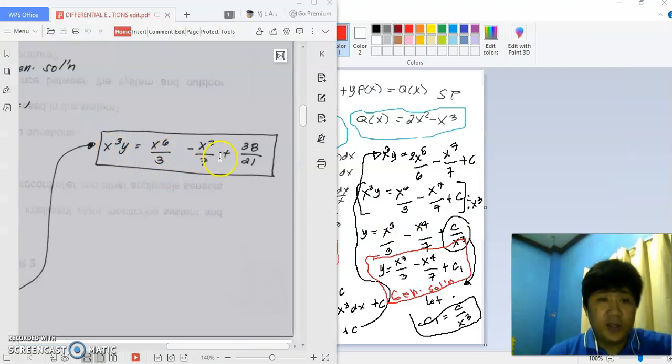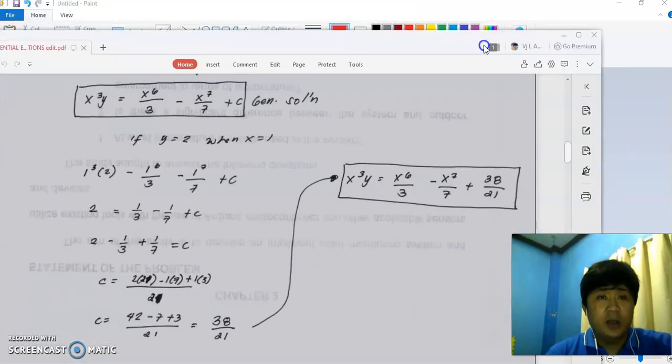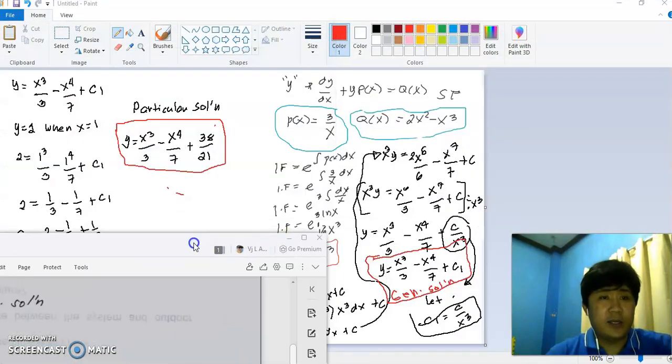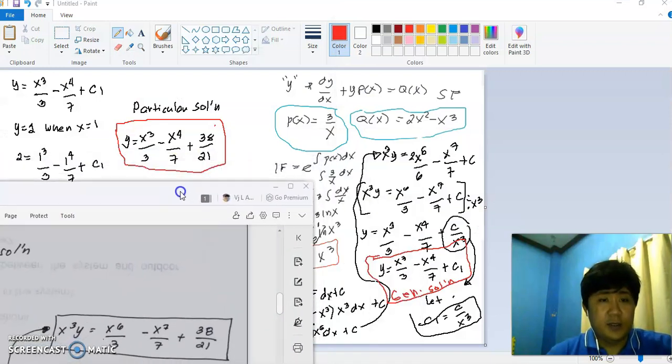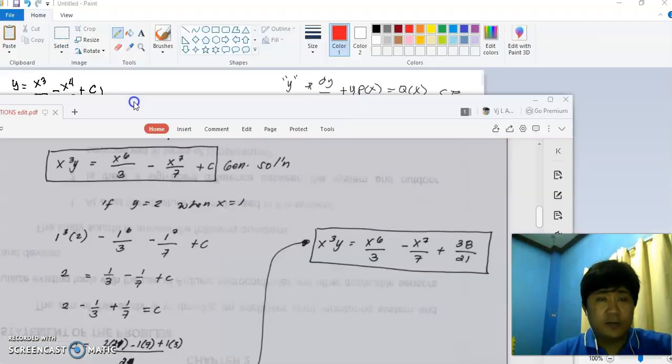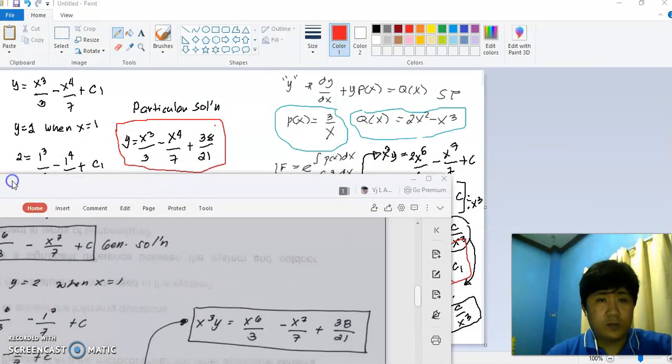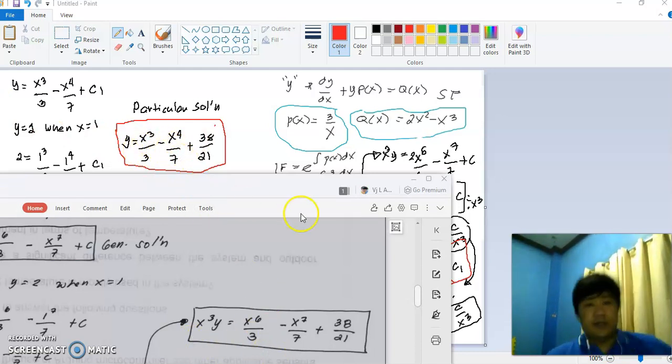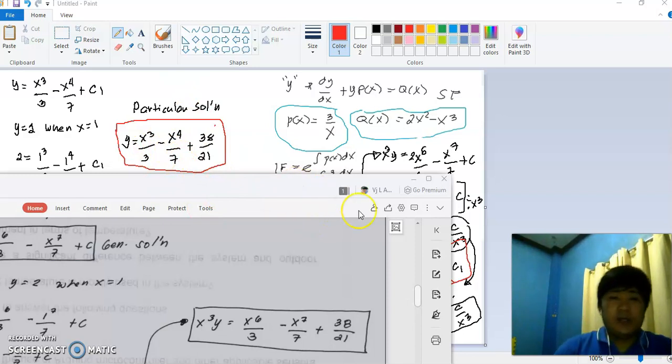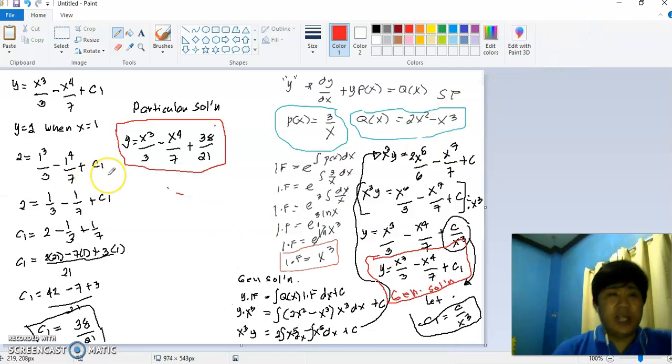If you divide this one by x cubed, it will look like this one. Okay, so that is how you solve linear in y.